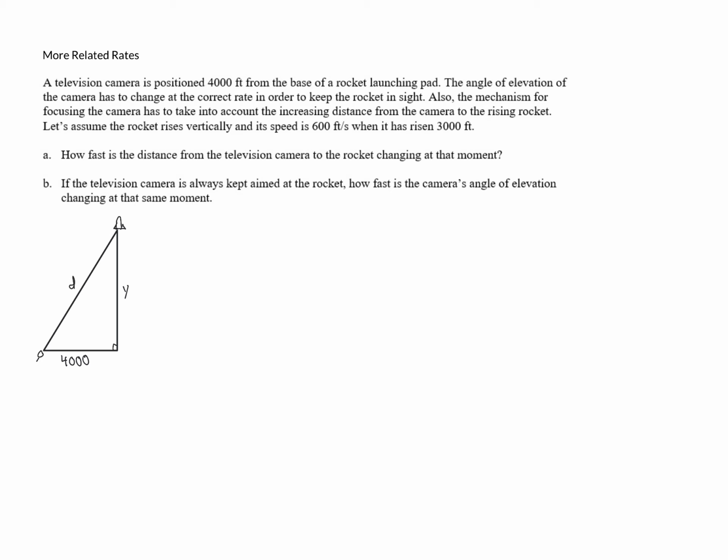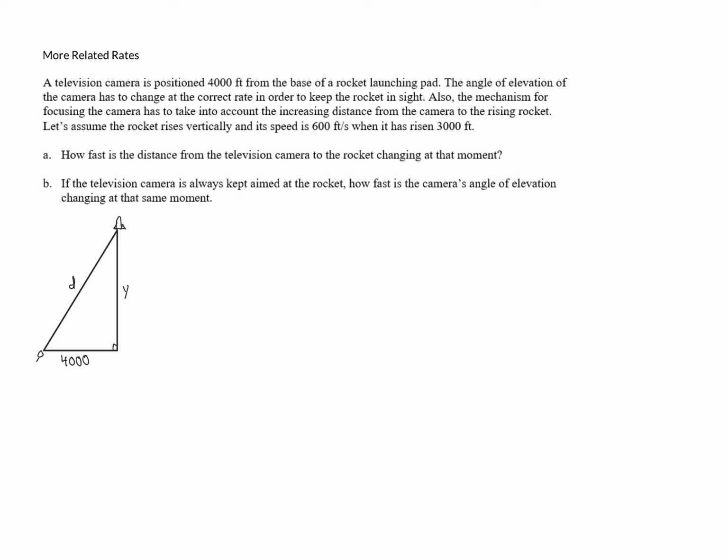And remember, we're asked how fast is the distance from the television camera to the rocket changing at that moment. So what we want is dd over dt. So we need some sort of relationship between distance and the height, because we are given dy over dt. We're told, at least at that moment, the rocket's speed is 600 feet per second.